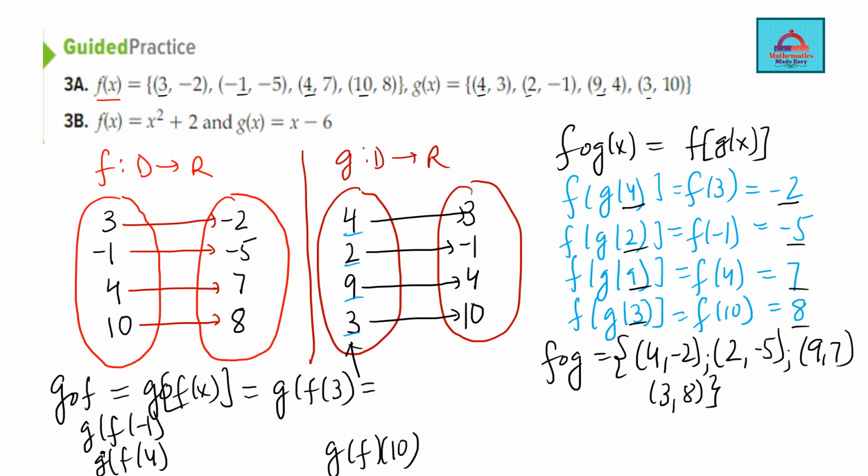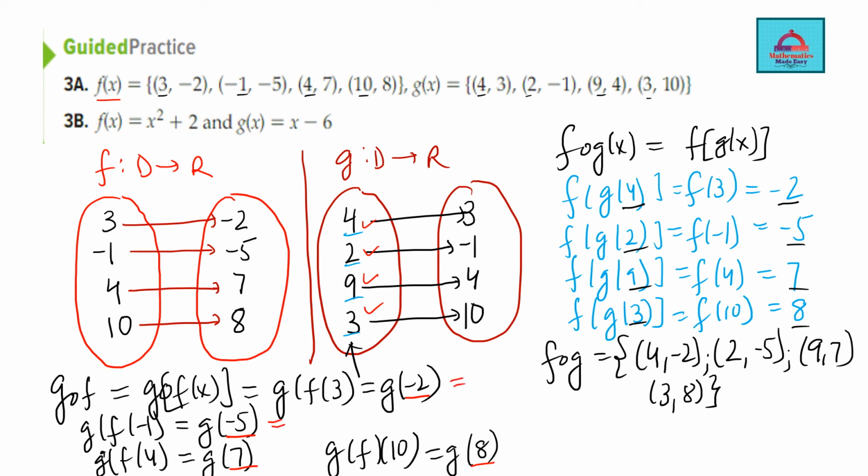Okay, so f of 3 is g of -2, then g of -5, g of 7 and g of 8. But if you look carefully, -2, -5, 7 and 8, these are not in the domain of g. There are four points which are different. So g of -2, g of -5, g of 7 and g of 8 are all undefined. They are not a part of the domain.